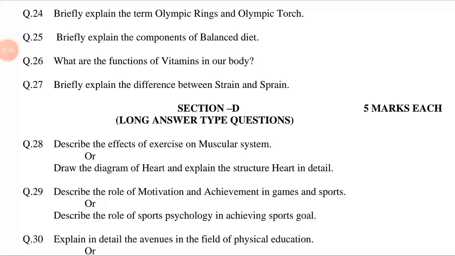How many rings are there? And each color represent what? Extra. Then Olympic torch. Who introduced the Olympic torch? In which Olympic Games the Olympic torch ceremony introduced? What is the motto of Olympic torch?